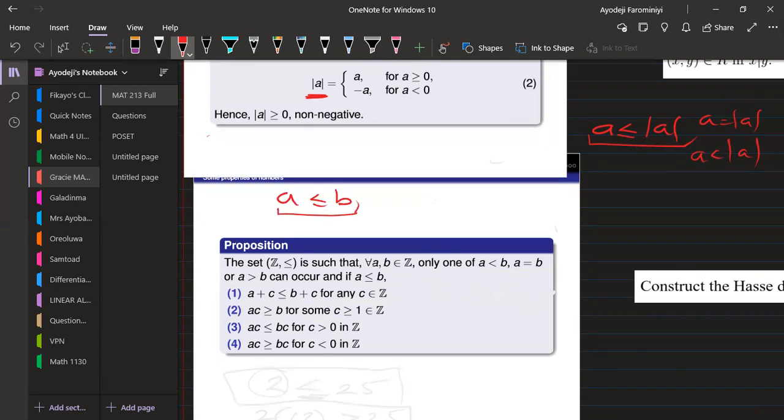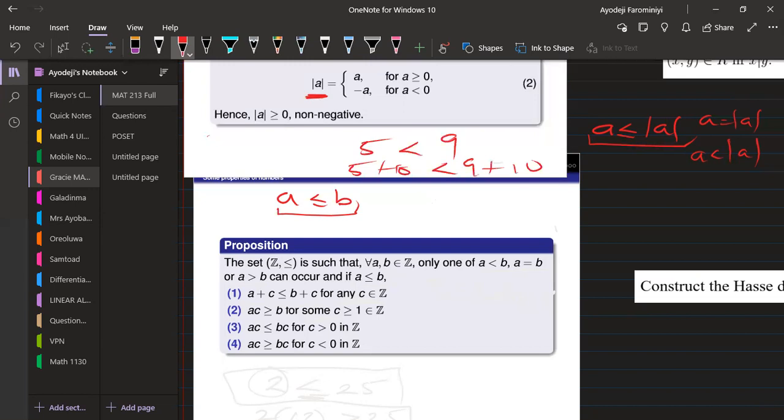Whether you add a positive number or a negative number, so far it is still an integer that you have added, it will not affect the inequality. For instance, we know that 5 is less than 9. So 5 plus 10 will still be less than 9 plus 10.